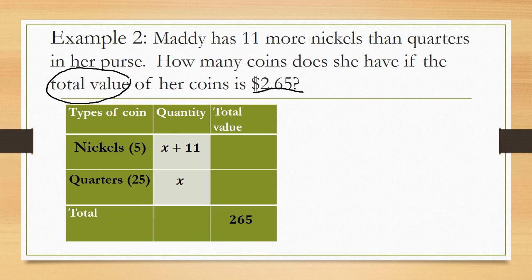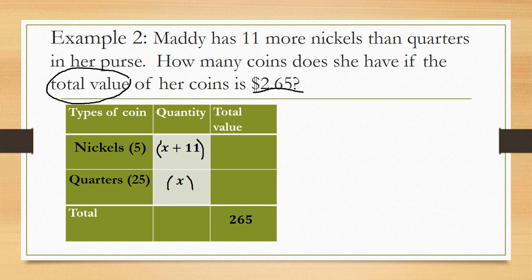Now, I don't have one column completed here. Since the only total that I have is the total value, I need to change the quantity of the coins to find the total value of the coins. To do that, all I need to do is multiply the quantity by the value of the coin, which is 5 cents for nickels and 25 cents for quarters.